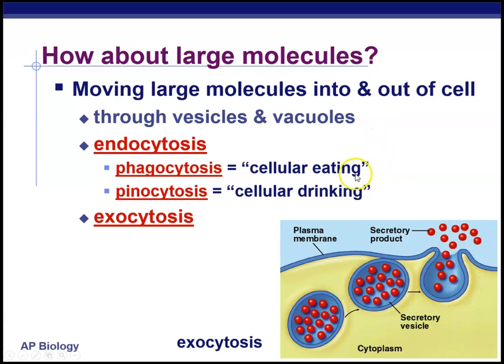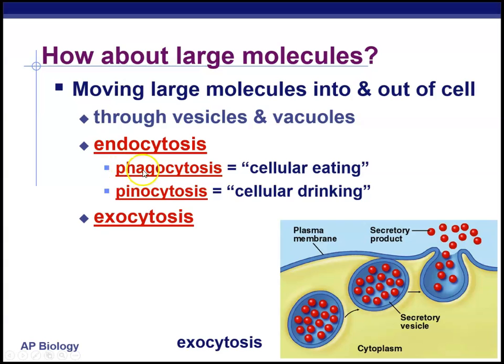So when you are bringing in molecules, that's called cellular eating. That's a form of what's called endocytosis. Look at the prefix. Endo means inside. Cyto means cell. So you're bringing these things into the cell. And there are two types. Eating big molecules is called phagocytosis.